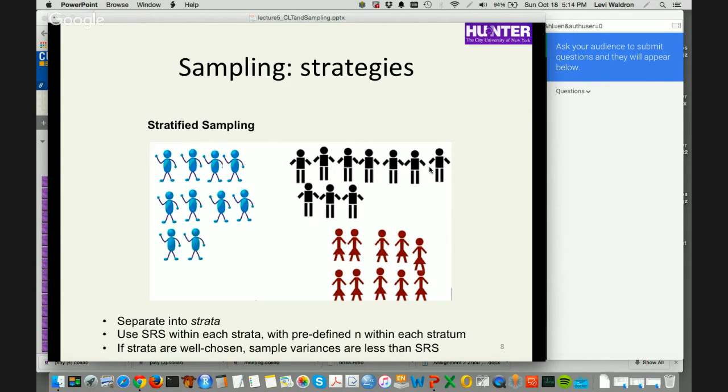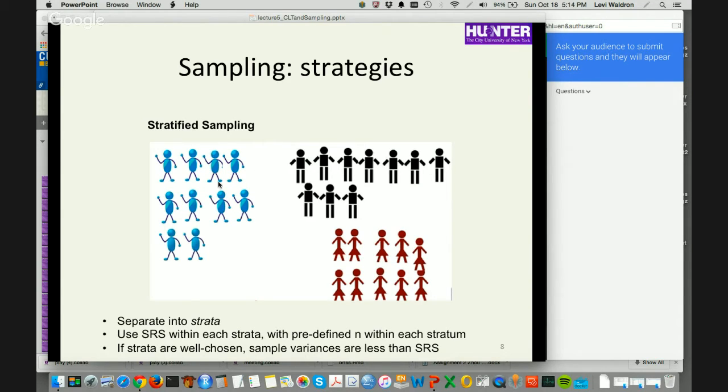And this is where, when you have attributes of your target population that you wish to draw in a pre-specified proportion, either in the same proportion as in the population, or potentially you want to increase the prevalence of some of these populations in your sample, you divide your sampling frame into these strata.